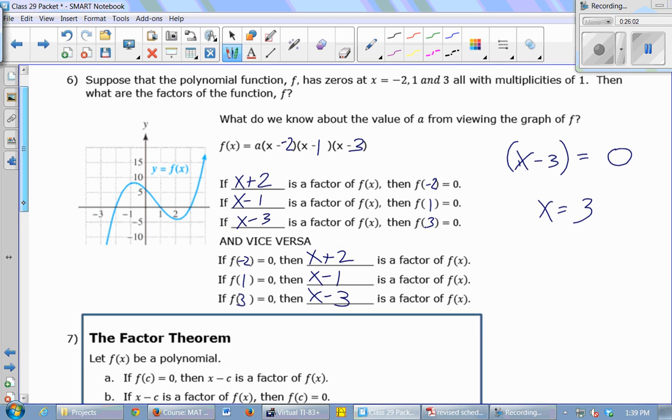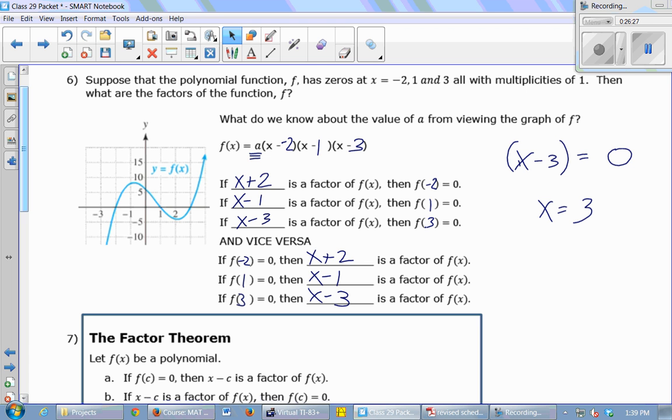All right, and then take a look at this graph. So I now know it has these 3 factors, right? Which means it's probably a cubic, because if I multiplied those all together, I'd get an x cubed. The thing I don't know anything about right now is the leading coefficient a. Although that's not quite true. I know a little bit. How do you know it's positive?